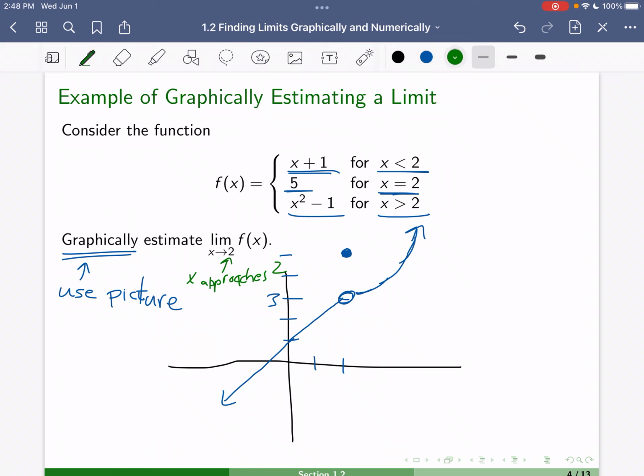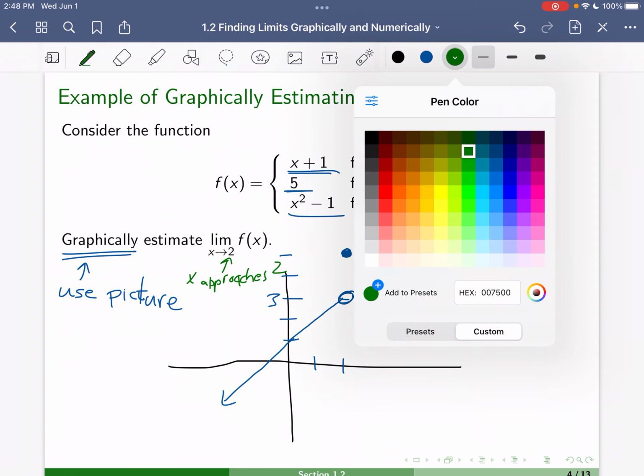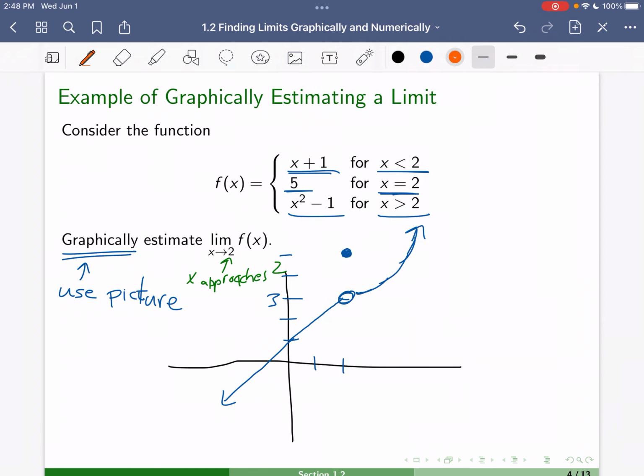So when we look at this limit, when we think about this limit here, we have a limit as x approaches 2 of f of x. We are asking ourselves, as we get closer and closer to 2 from the left-hand side, what is our function heading towards? Well, it looks like it's getting closer and closer to 3, right?